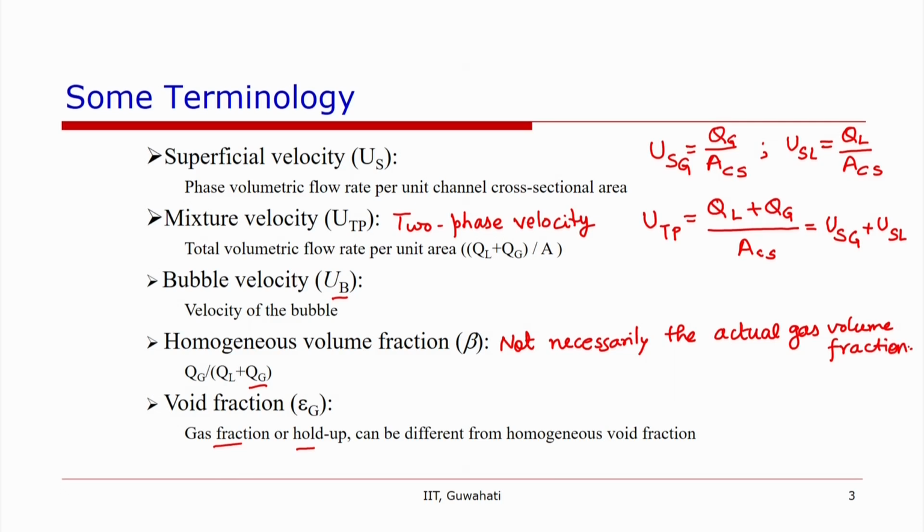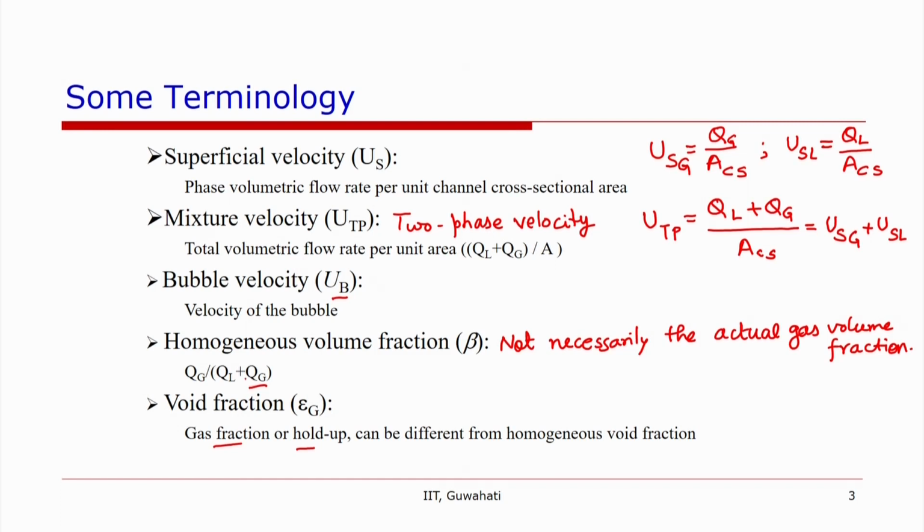So this term represents the ratio of the gas flow rate to the total flow rate when it is assumed that the gas and liquid are homogeneously mixed. So that means beta is defined here as gas flow rate over QL plus QG.